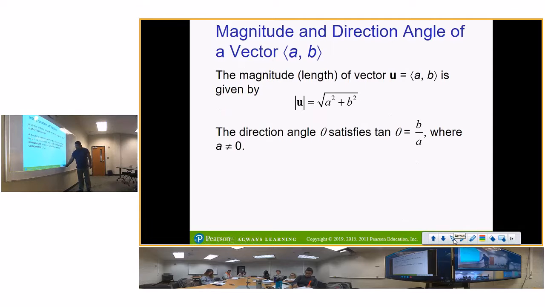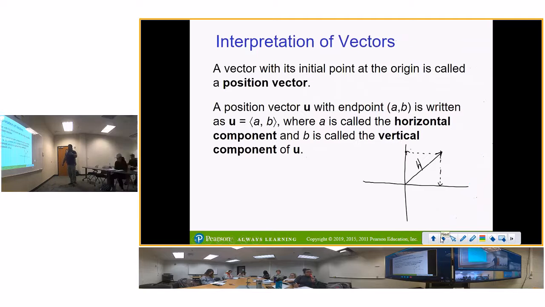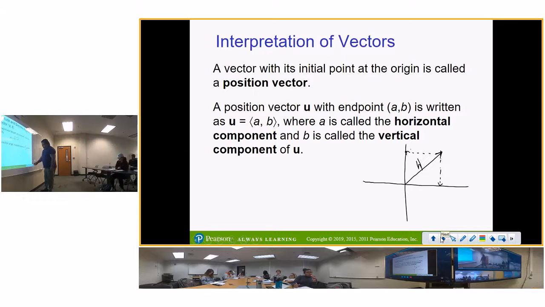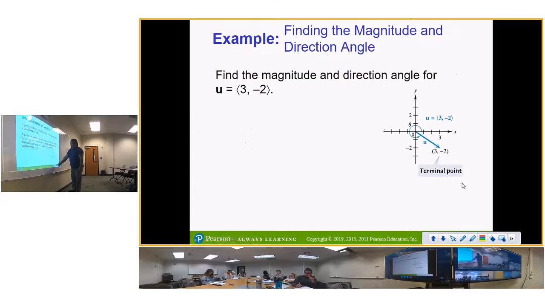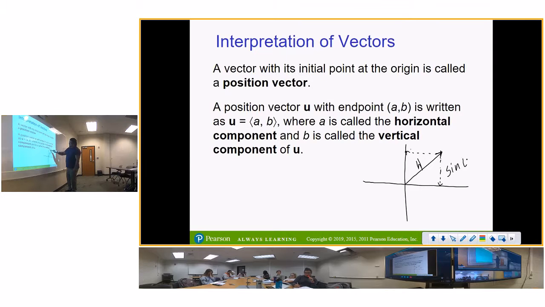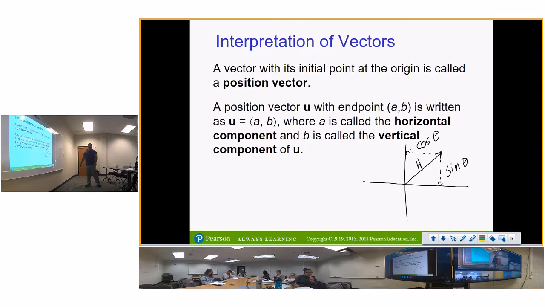So, if I have a y component, the y component is going to be the sine of theta. This is going to be the sine of theta, and this is going to be the cosine of theta. Now I'm kind of getting the cart before the horse. Okay?